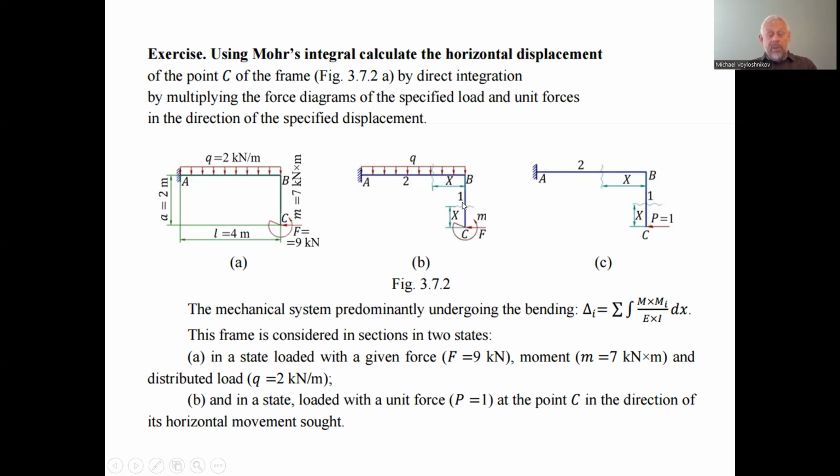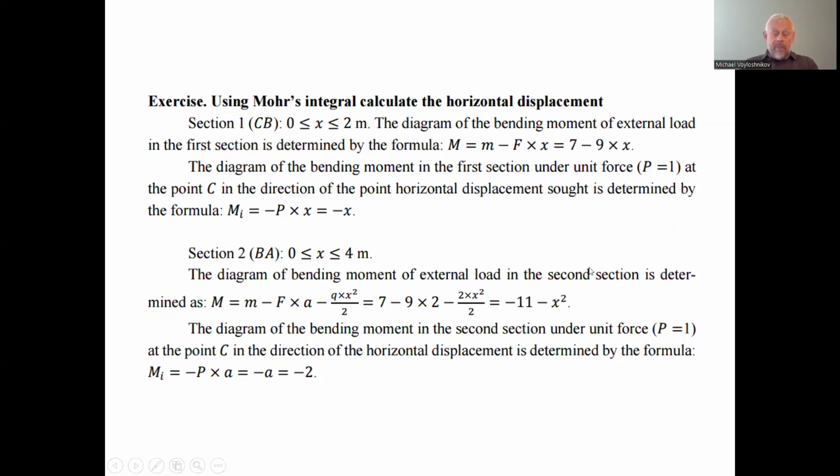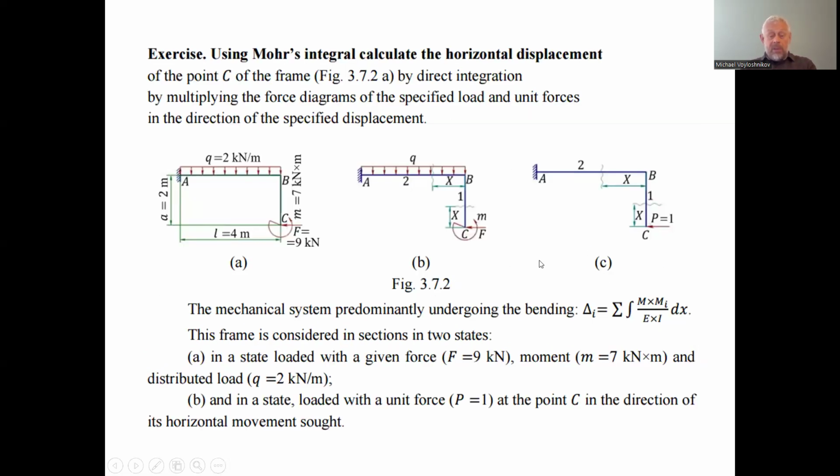It could be a point located here, at a distance x from the point C, from the point B, etc. So equal to the moment and the force rotating in the other direction: the moment rotates counterclockwise, the force rotates clockwise, for any section of this vertical part of the mechanical system.